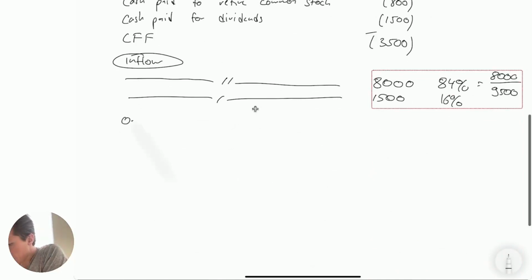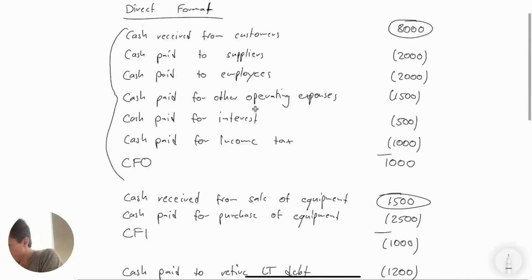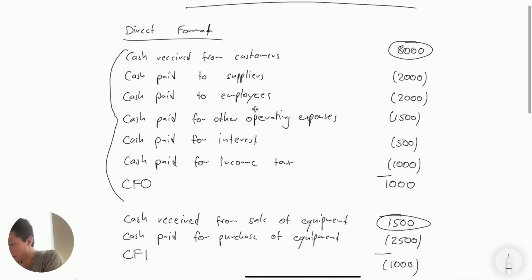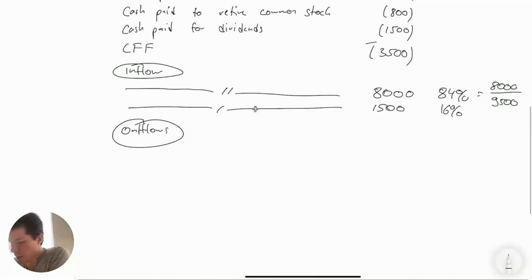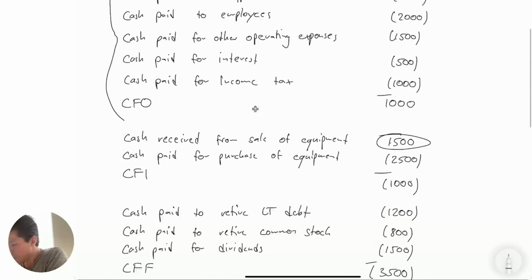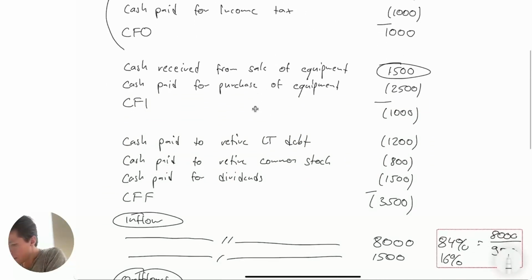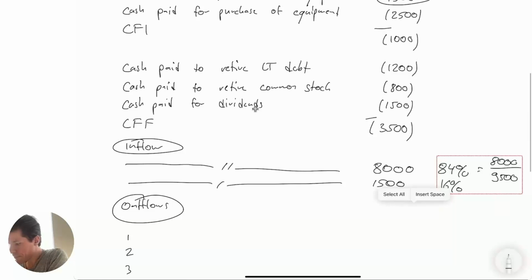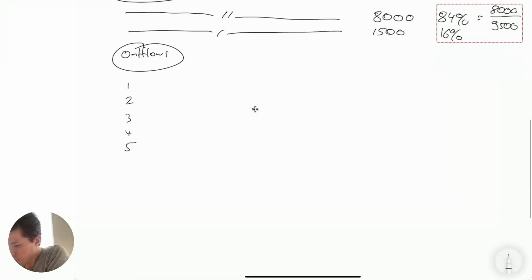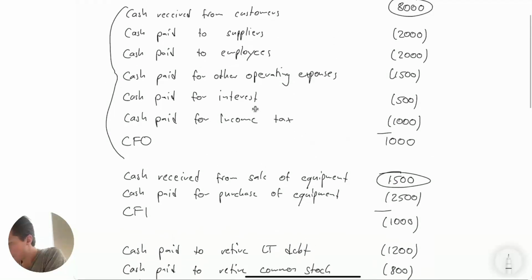Then you do exactly the same for all the outflows. So you start here: cash paid to suppliers, cash paid to employees. You go down 1, 2, 3, 4, 5 items here. Then you do the same here, 1, 2, 3, 4. So you have all those 9 outflow items here.